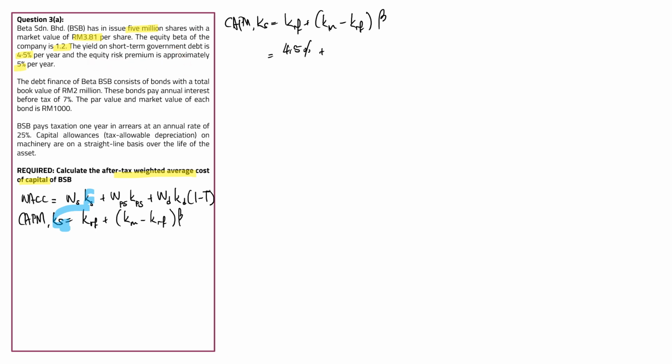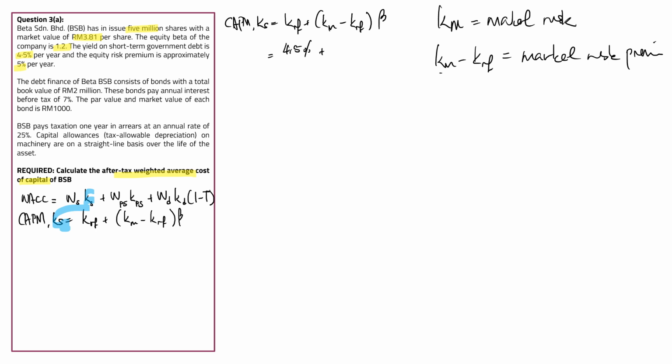So to recap, previously in Principles of Finance, we know that the market return is KM. However, occasionally you will see KM minus KRF, which is given as the market risk premium.